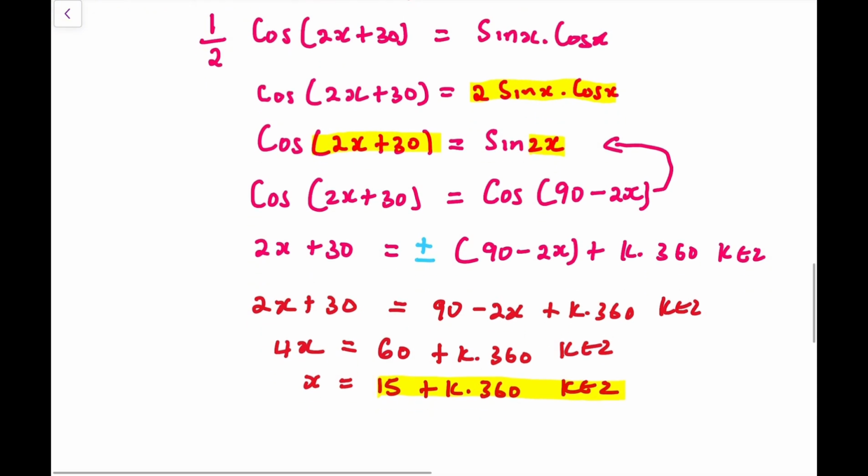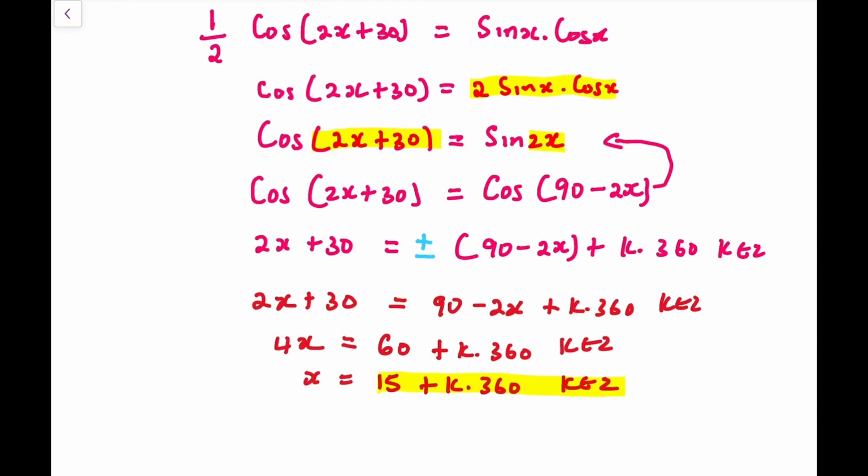So solution number 2. From this step here, I'm going to use this angle as negative now. So if I use it as negative, I'll say or, and then now I will have 2x plus 30 is equal to negative 90.